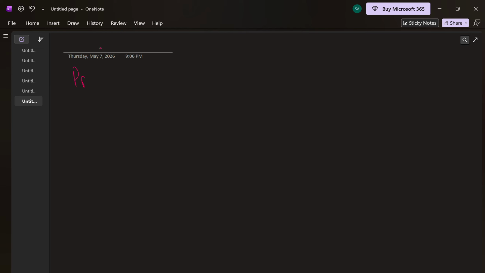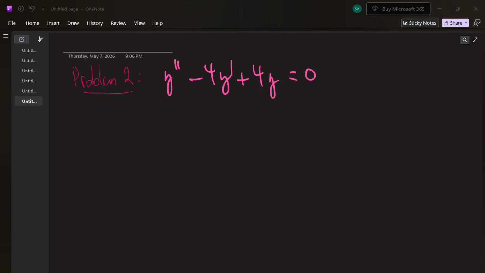So you have here problem 2: y double prime minus 4y prime plus 4y is equal to 0. So the first step is simply to calculate the characteristic equation.